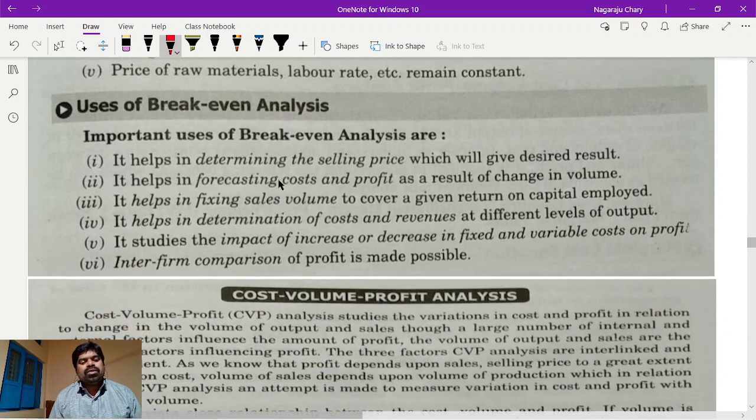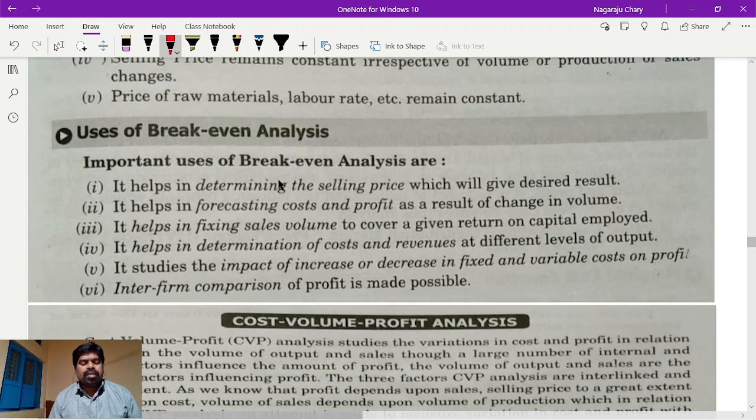Next, what are the uses of this break-even analysis? Let us see. It helps in determining the selling price which will give the desired profit. It is very useful to the management in determining the selling price with the help of the break-even point, where the total cost and the selling price are equal.